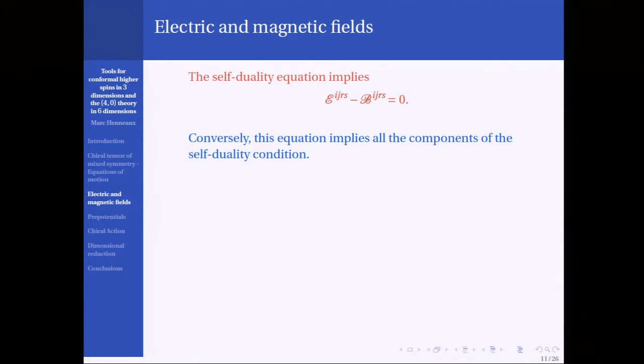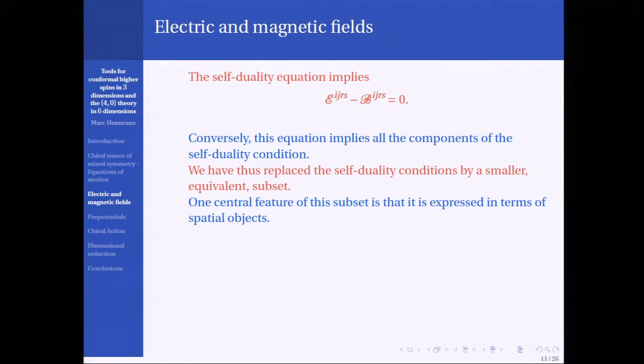That's an easy consequence to be verified, but the converse is also true: if you impose that, you get all the self-duality conditions. So we can replace the self-duality conditions by a smaller subset, which involves spatial objects, 5-dimensional tensors, but has the same amount of information.